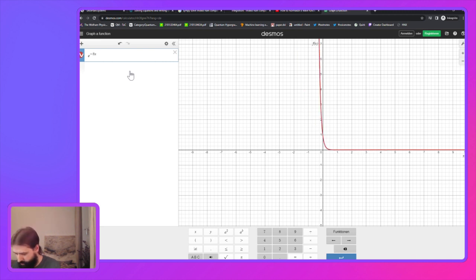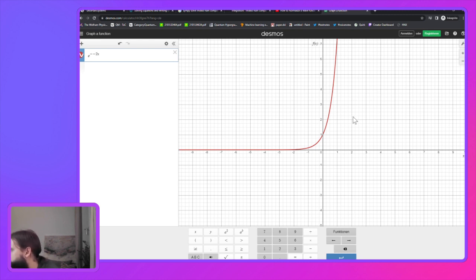This is a real number. That's the problem: how am I supposed to integrate that?